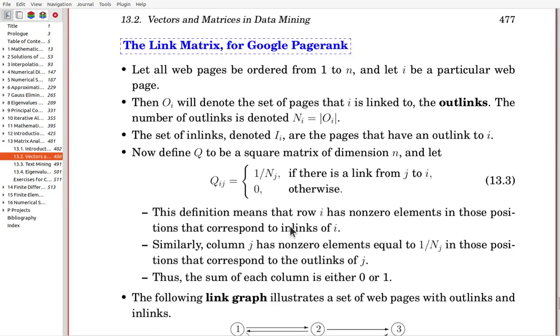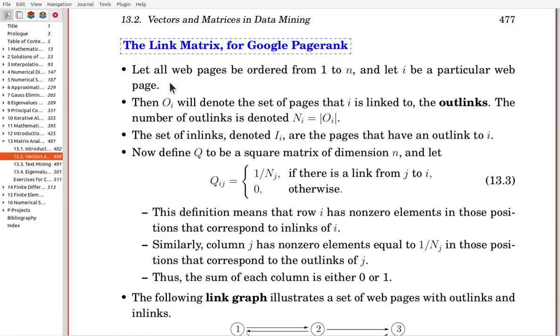Okay, we'll see a little bit of the link matrix, so that link matrix will be used later for the Google matrix, and along with that, the PageRank algorithm is formulated. Okay, let's begin with this one.